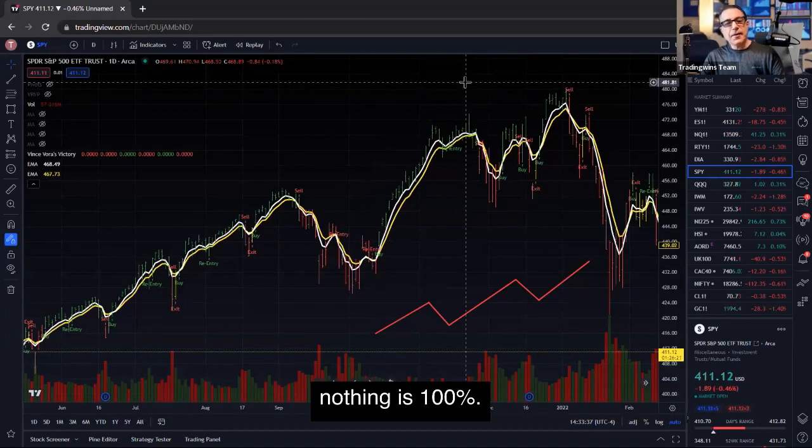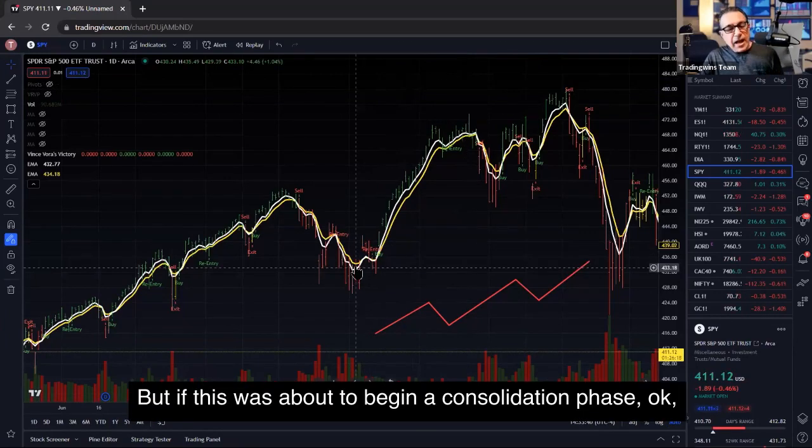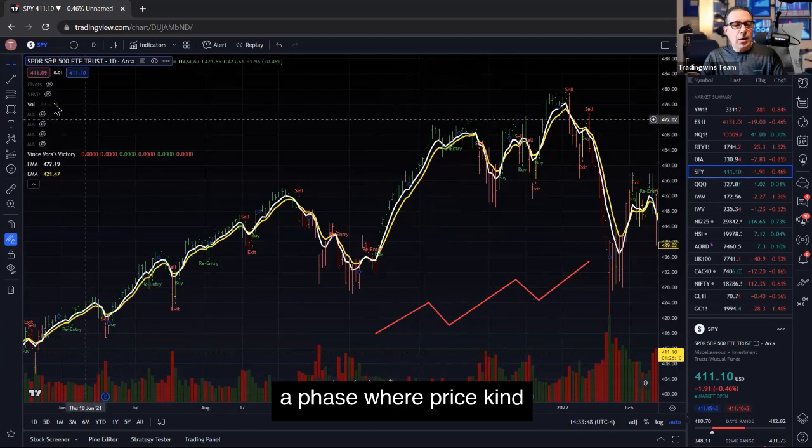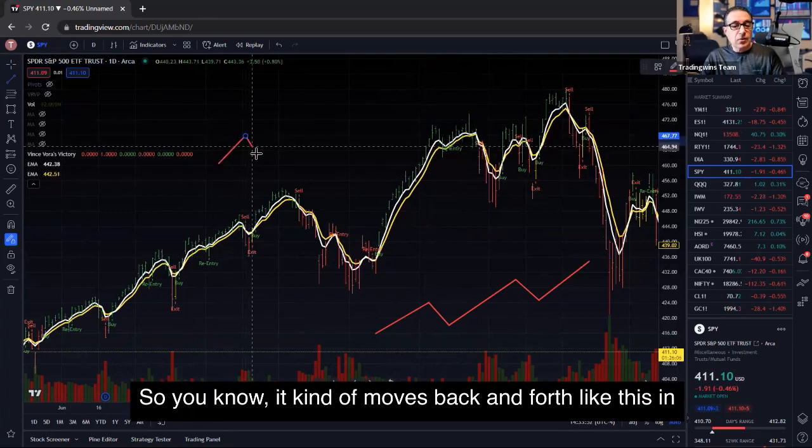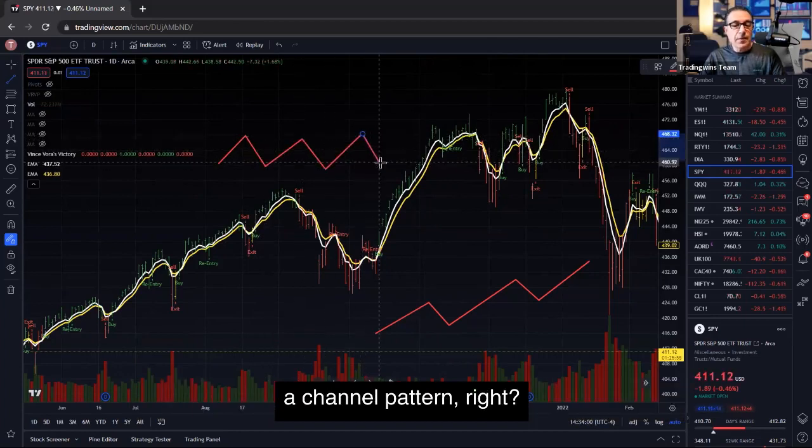Yes, nothing's 100%. But if this was about to begin a consolidation phase, okay, a phase where price kind of moves sideways between two levels. So, it kind of moves back and forth like this in a channel pattern, right?